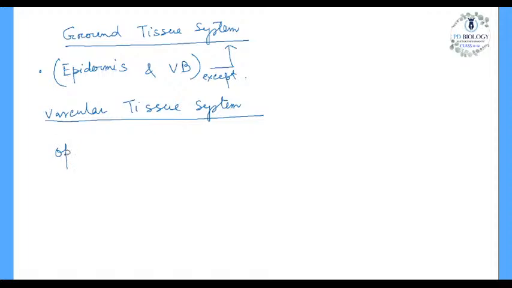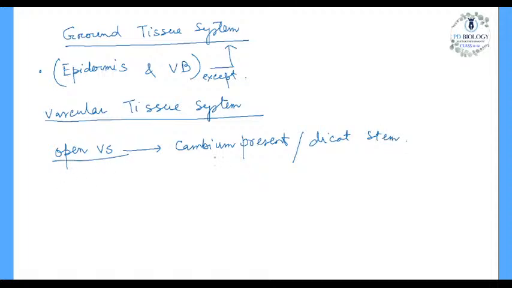The open type vascular system means cambium is present. This is the open type present in the dicot stem. Frequently asked question: open vascular bundle, cambium present, in dicot stem.